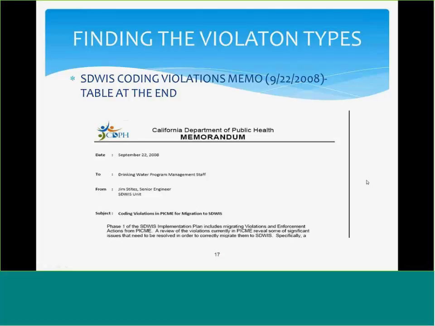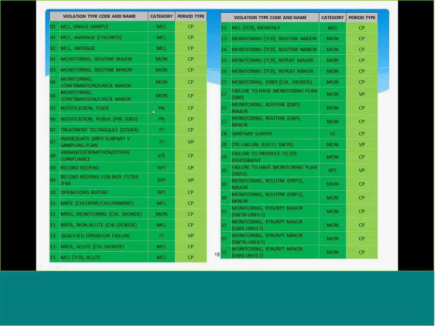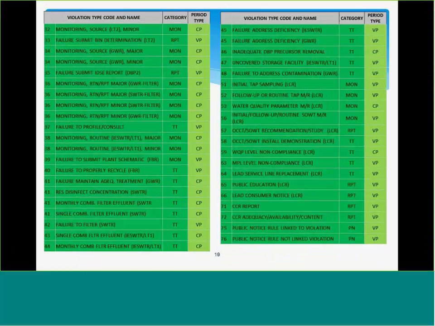It doesn't really pertain to us anymore, but it had some good information in it, such as these tables, where it shows you the violation type and name, and then what type of period it falls under. I felt like this was still good information to have, so I'll go ahead and send that with the documents that I'll be sending you guys.